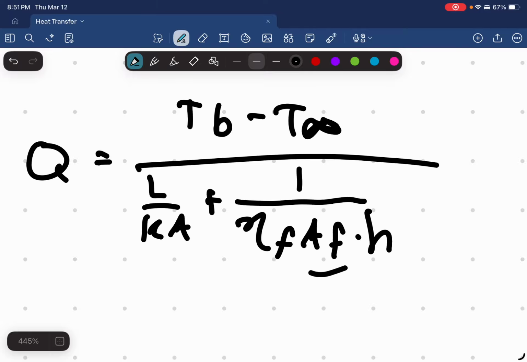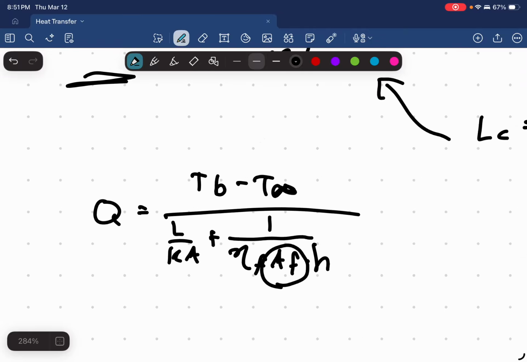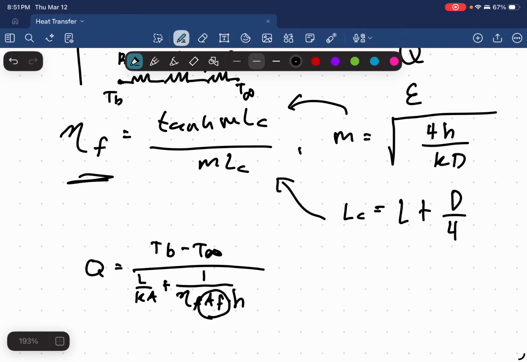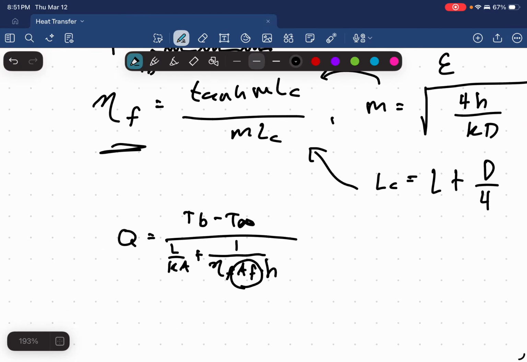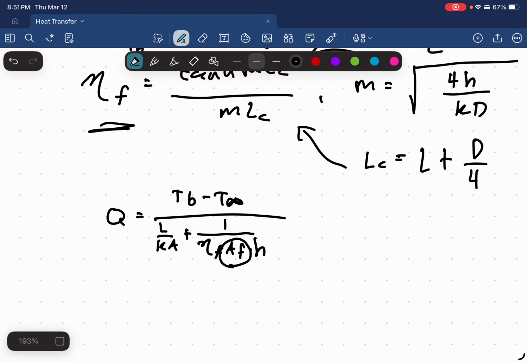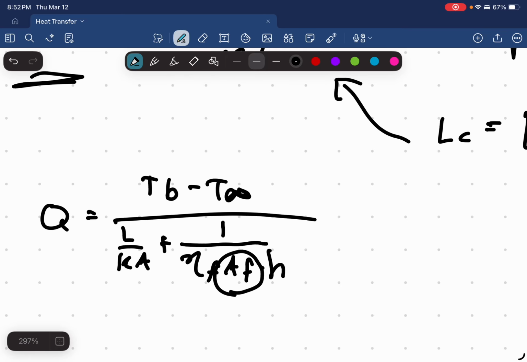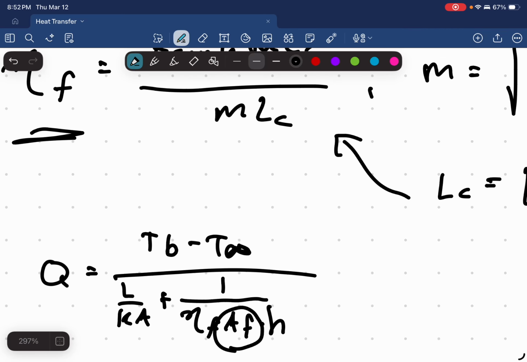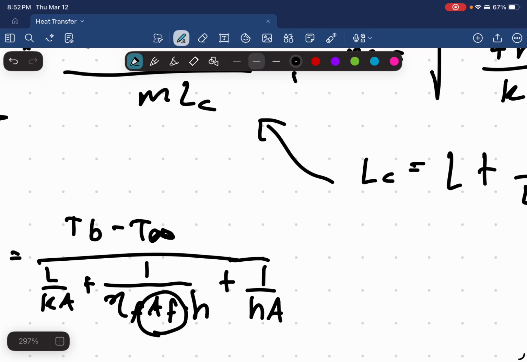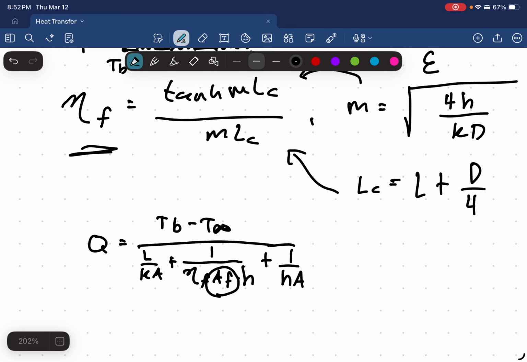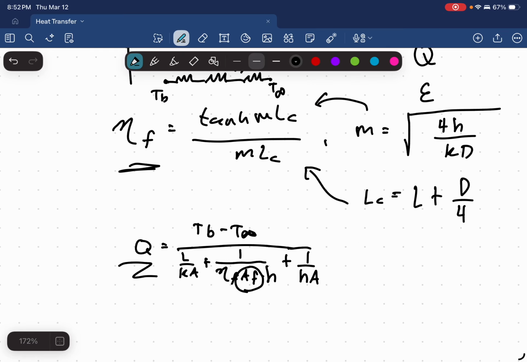The area of a fin should be included on your equation sheet. And then also your convection, 1 over hA. So that's the second portion.